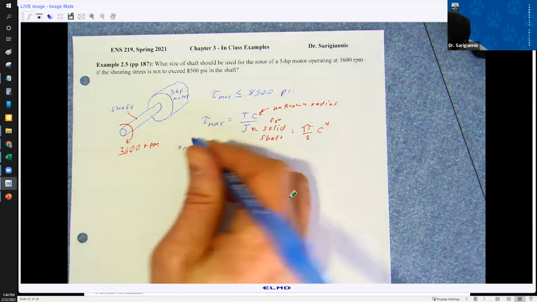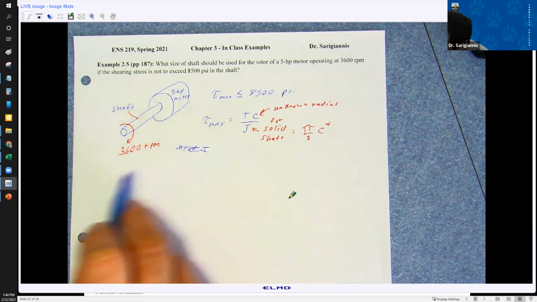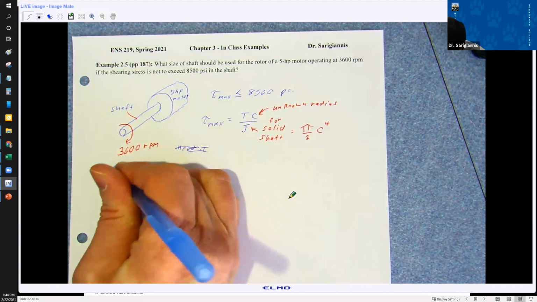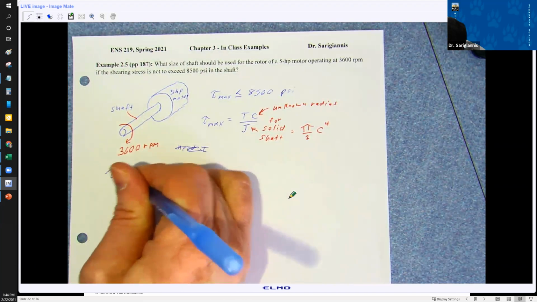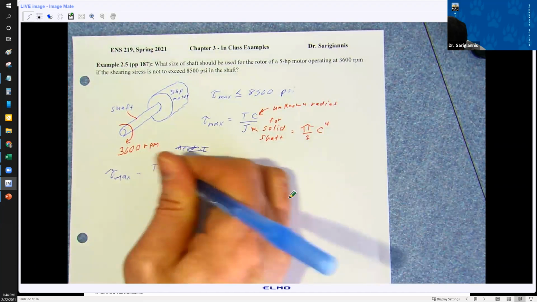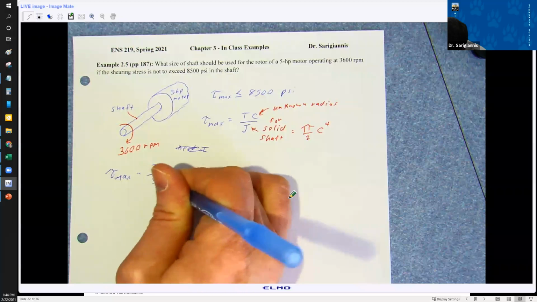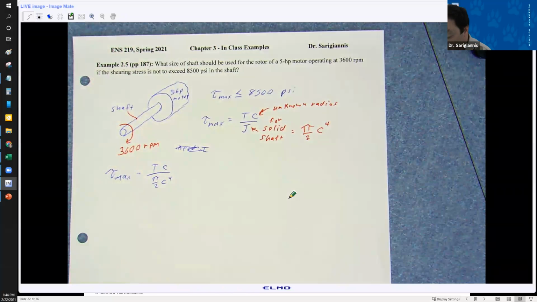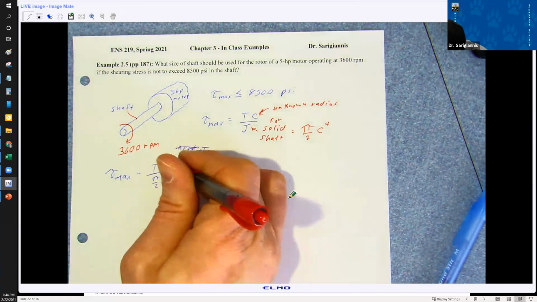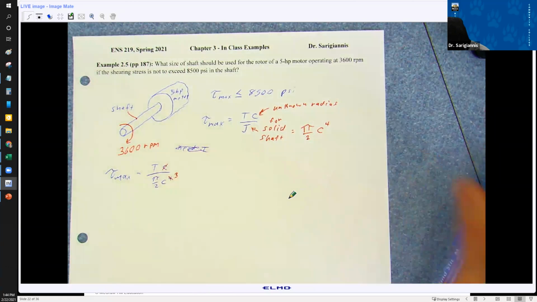Let me just rearrange this first. So I'm going to write this out. Tau max equals TC over pi over 2 C to the 4th, right? And you can see here the C is going to cancel. We're going to have a C cubed.